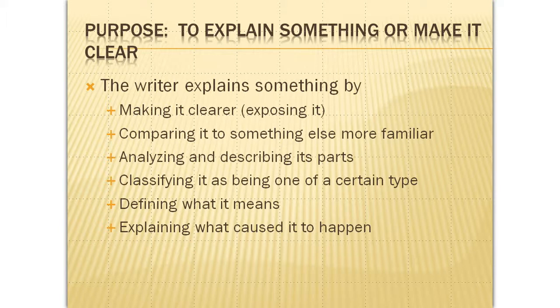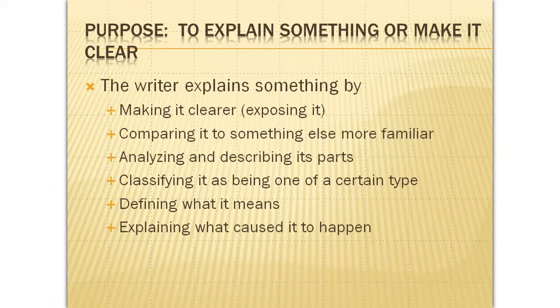You might also choose to analyze and describe the parts of something, because in describing the parts, it may make the reader better able to envision the complicated whole that you're talking about. You might also classify your topic as being one of a certain type of thing.